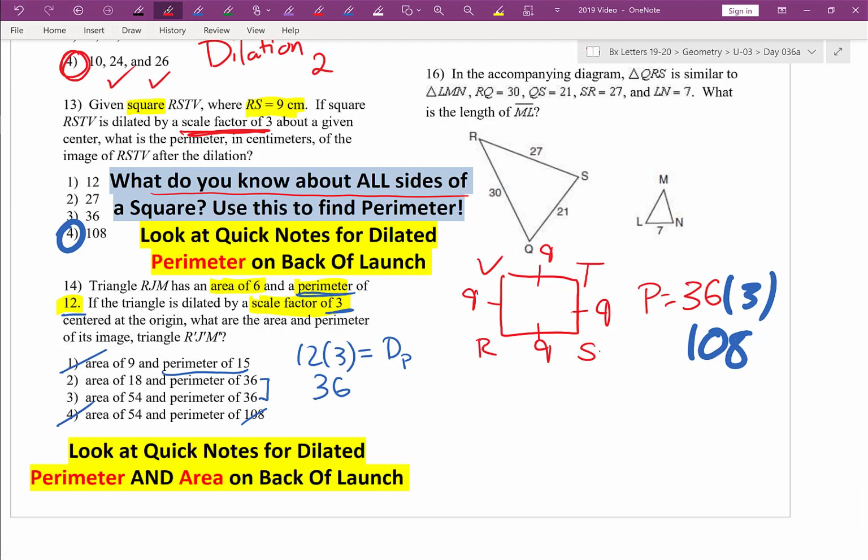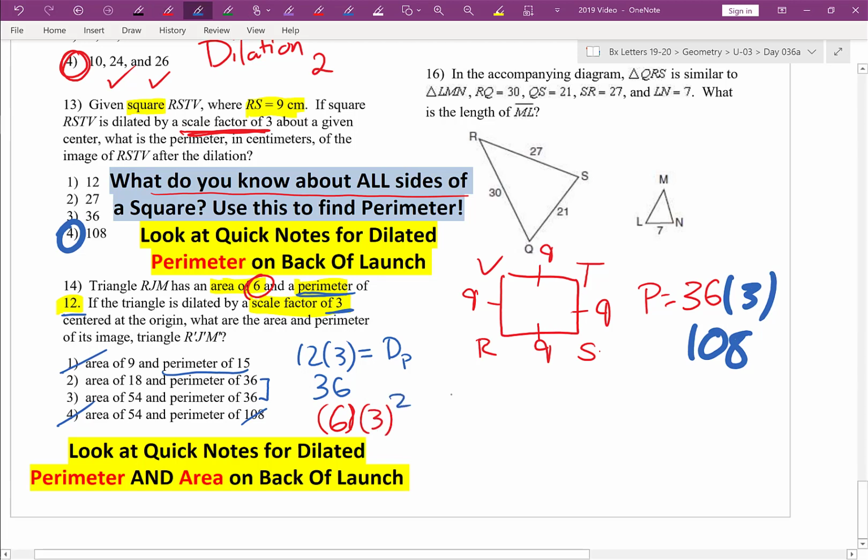And now when I come to the area, right, my original area times my scale factor squared. That's going to be 6 times 9. 6 times 9 is 54. That's why area 54 is correct. If you just multiply it by 3, that's why you're going to think answer choice 2.